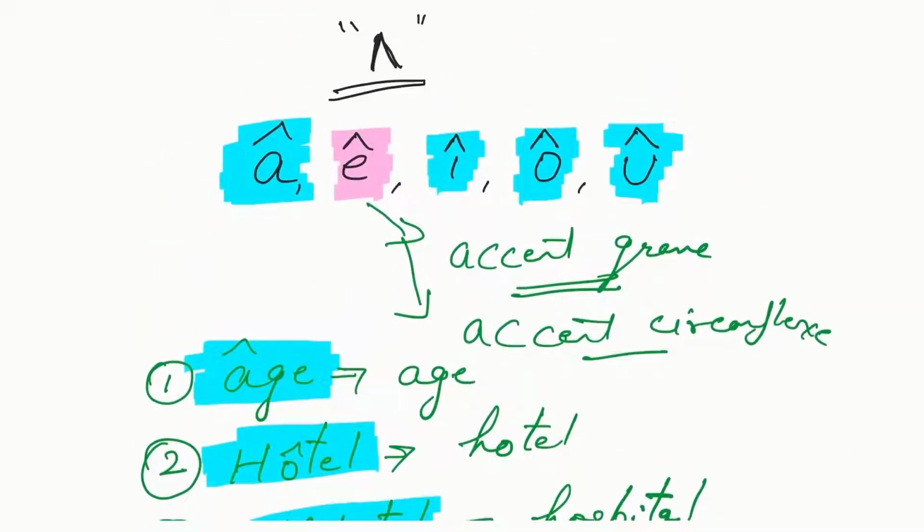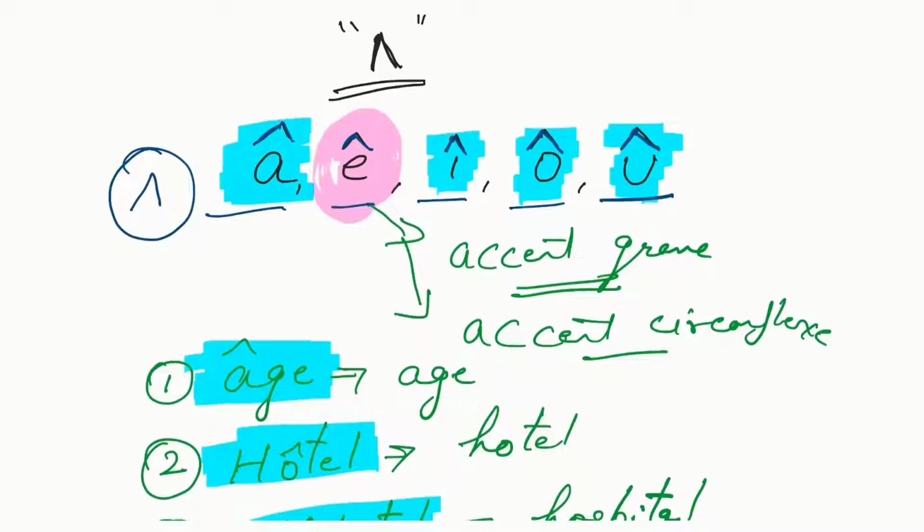Accent circonflexe is coming on these five letters. Okay, and the sign is this one, like this. It's there on the head of A, E, I, O, U. Okay, and the sound will change only with this one, A. Rest, the sound won't change.